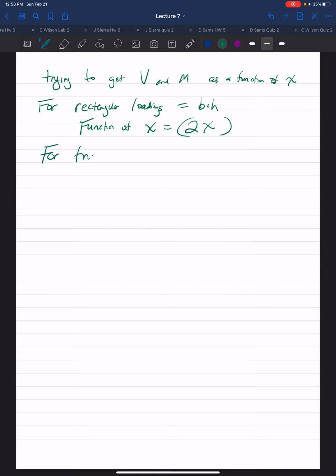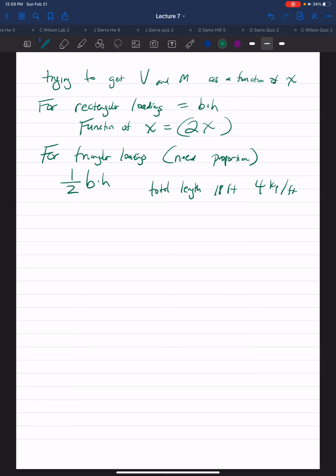However, for your triangular loadings, we have to do a proportion. So we know for a triangular loading, it's equal to the area of the curve, half the base times the height. So initially we were given, for the total length of 18 feet, the loading was 4 kip per foot.